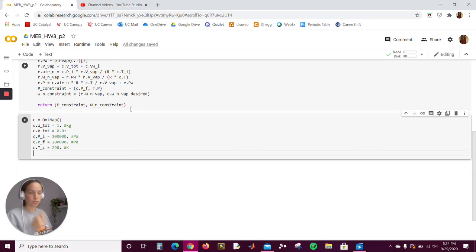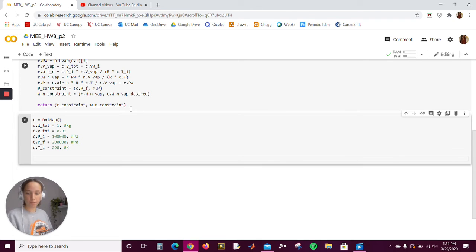But we also had the number of moles desired, so that was 0.3 number of moles desired water in the vapor phase, which we define at the top as W_N desired, and again that's equal to 0.3 moles.